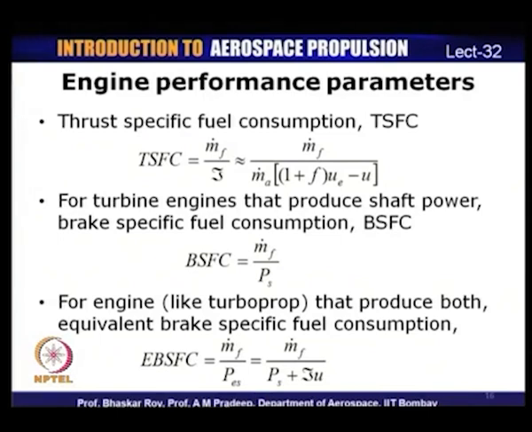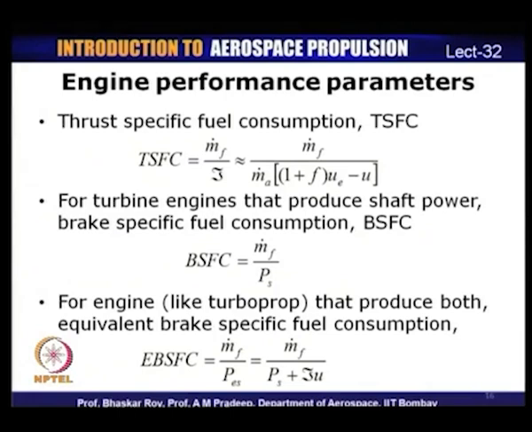Now, for turbine engines which produce shaft power, we may want to define the fuel efficiency in the form of what is known as brake specific fuel consumption, that is BSFC, which is m dot F divided by the shaft power.